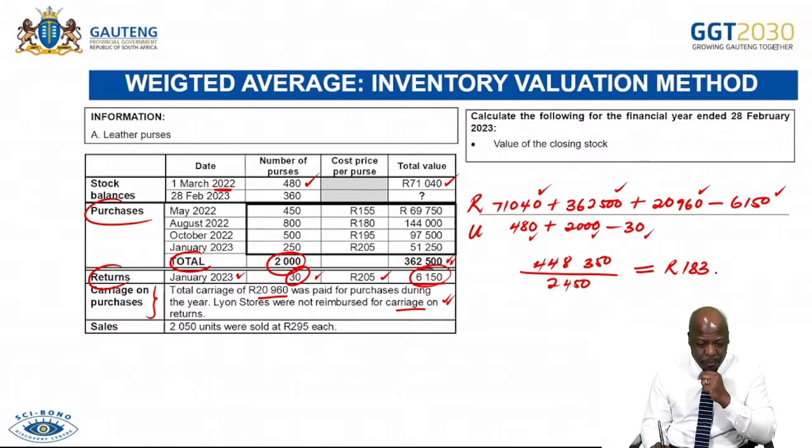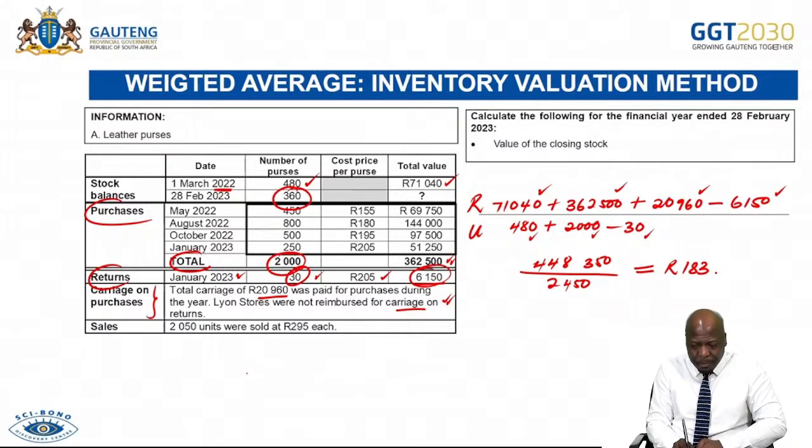We now want to know, what is the value that we get if we have 360 units? That means I'm going to come here now and I'll say, I have 360 units. Each one is costing 183.